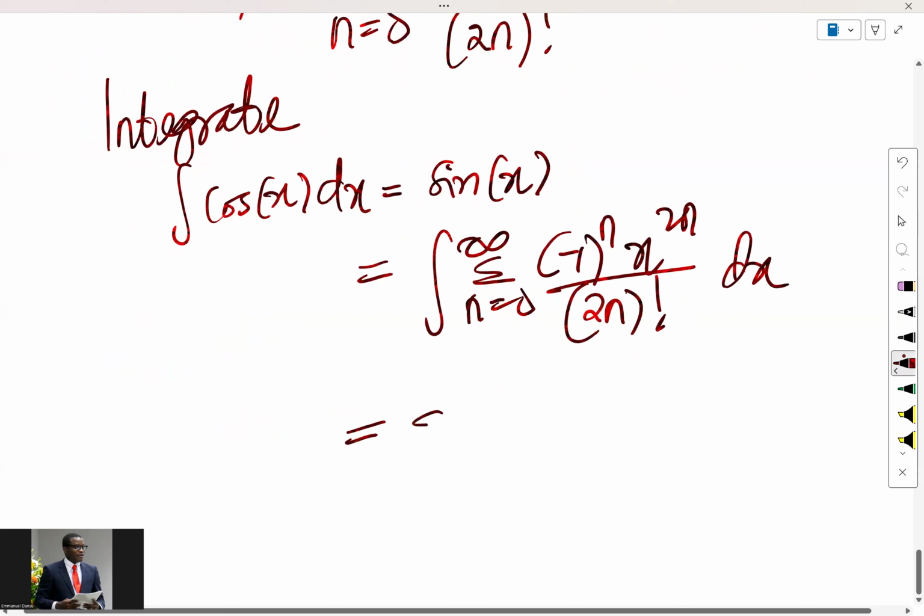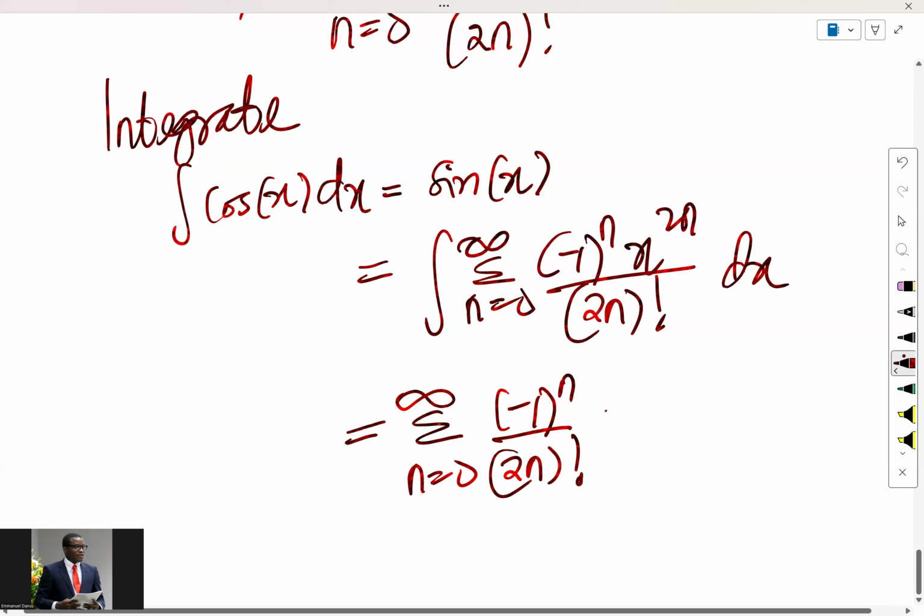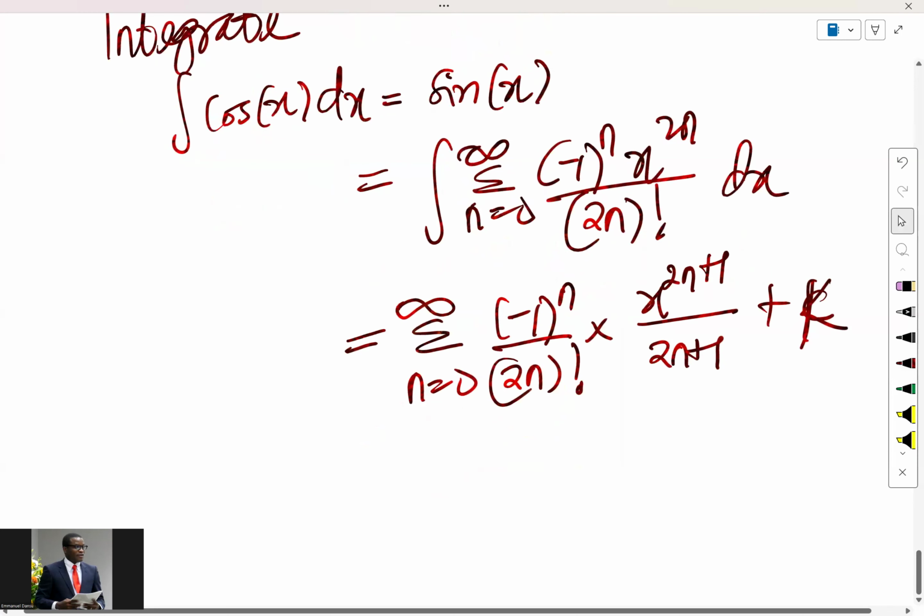So we have the summation from n equals 0 to infinity of minus 1 raised to power n over 2n factorial, multiplied by x. For this x, you increase the power by 1, that's 2n plus 1, divided by the new power 2n plus 1. Then, of course, you have to add an arbitrary constant, c, or I've been adding k, so let's call it k in this case.